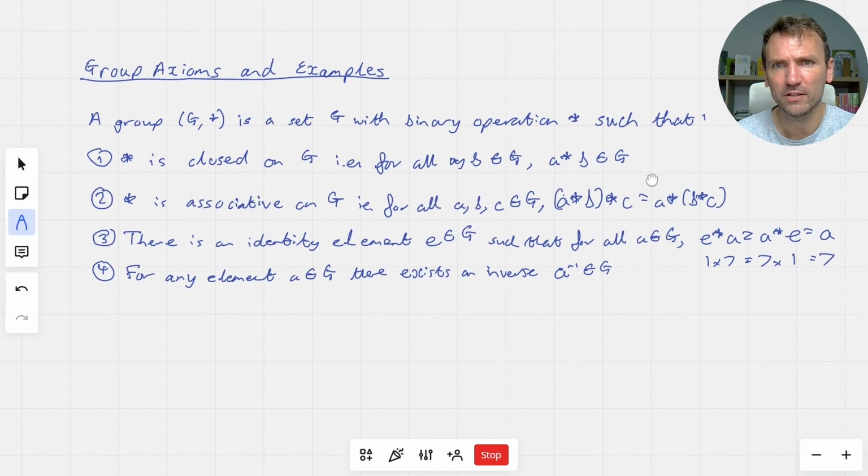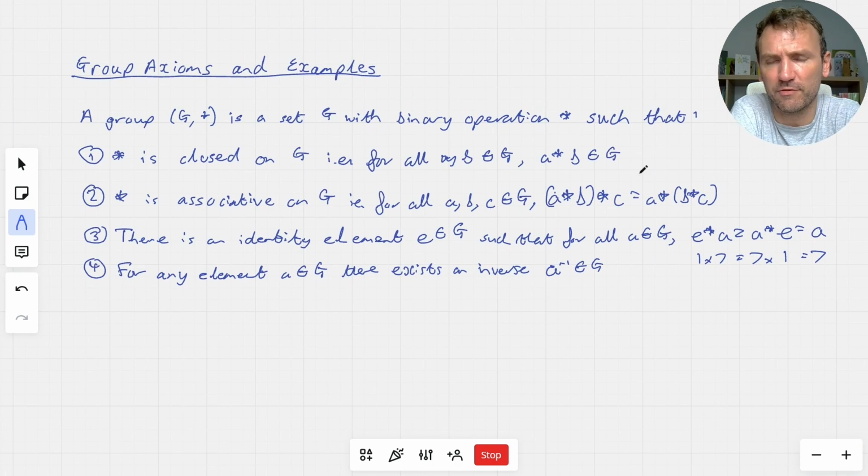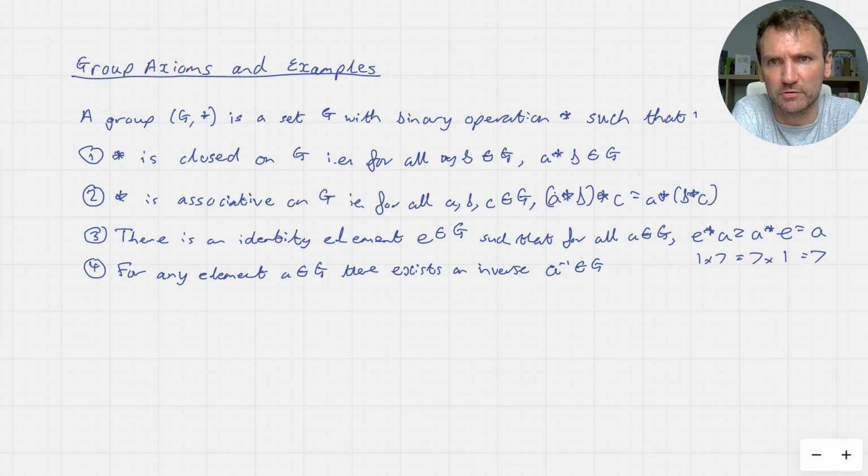Okay, the final axiom we've got for groups is that every element in the group has an inverse element. I'll start off with an example again before we go algebraic. In the case of multiplication, the inverse of 7 would be 1/7, because 7 times 1/7 gives you 1, which was your identity element.